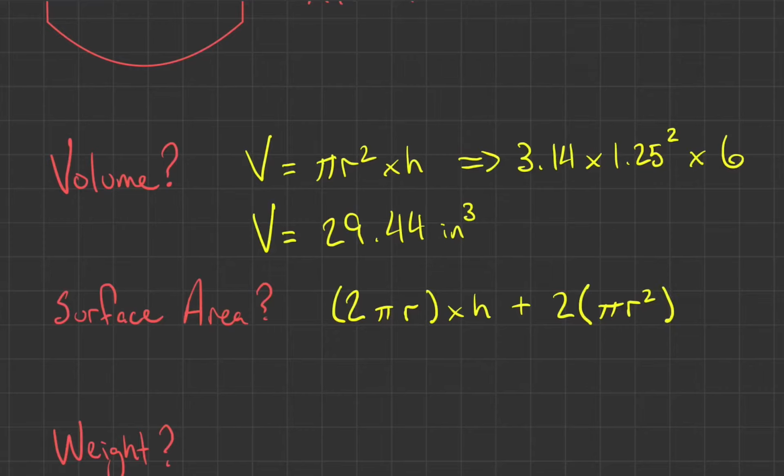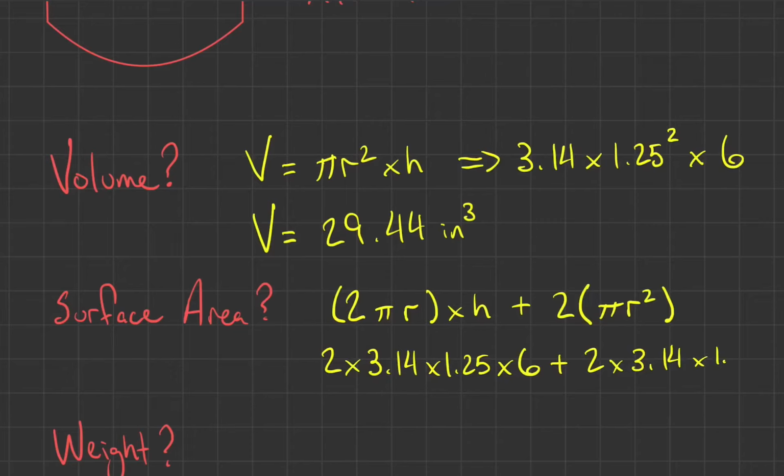So if we break that down, we'll have 2 times pi, which is 3.14, times our radius, which is 1.25, times our height, which is 6. And then we're going to add that to 2 times pi, which is 3.14, times 1.25 squared.